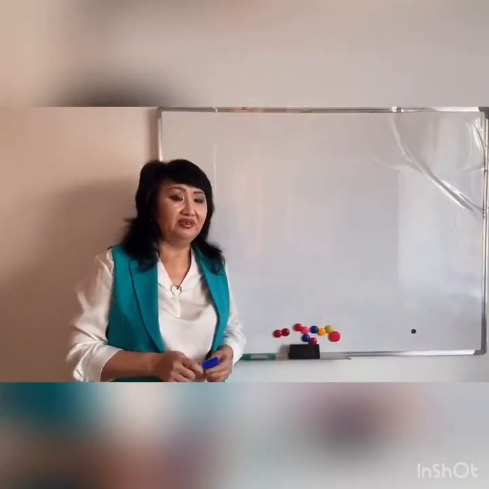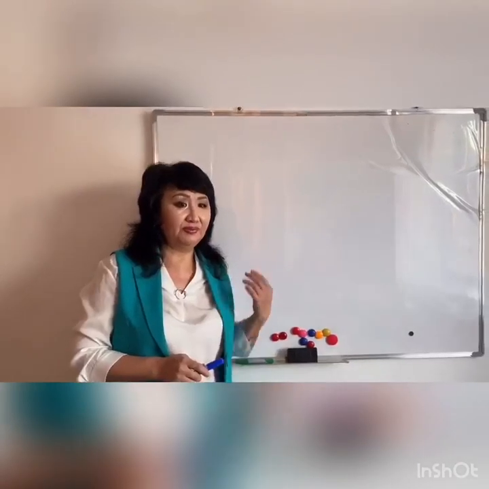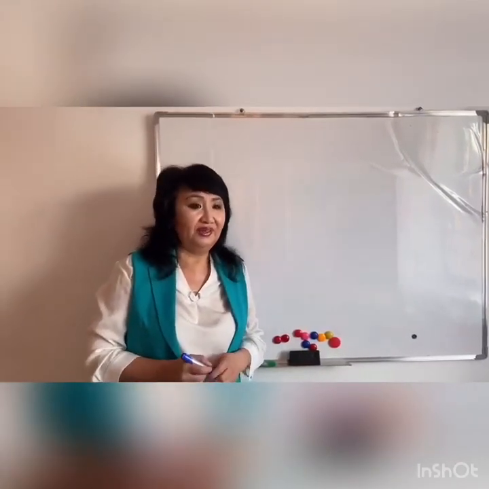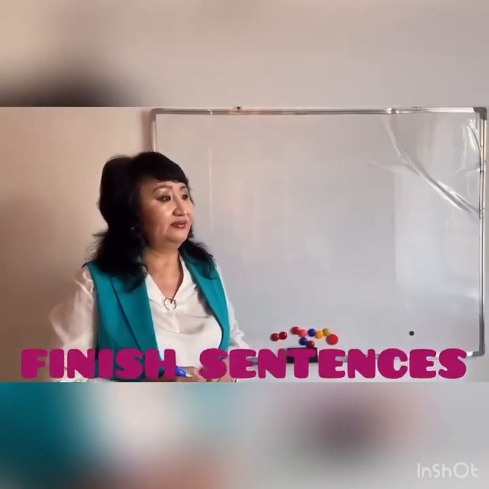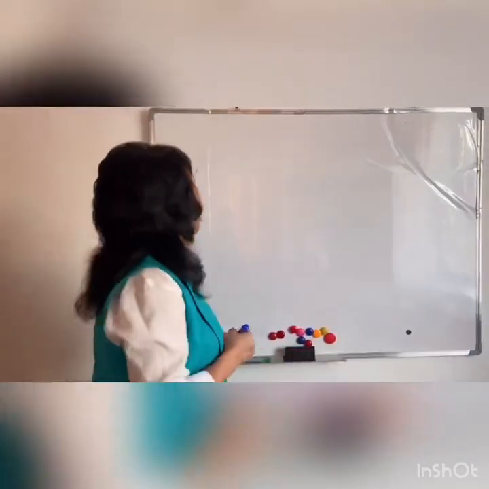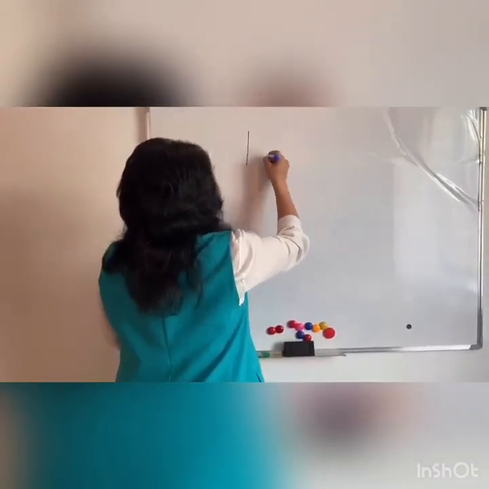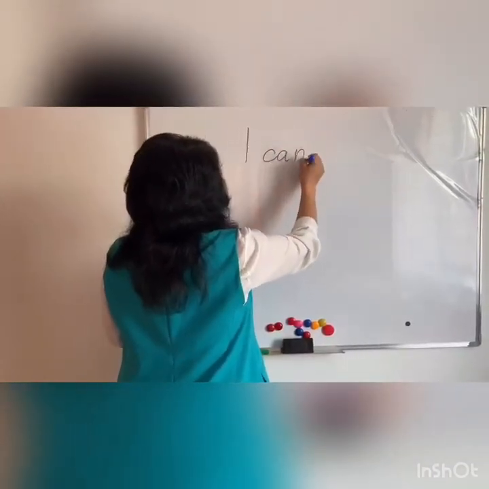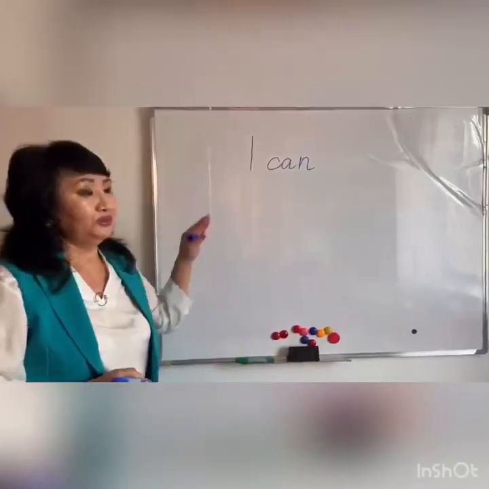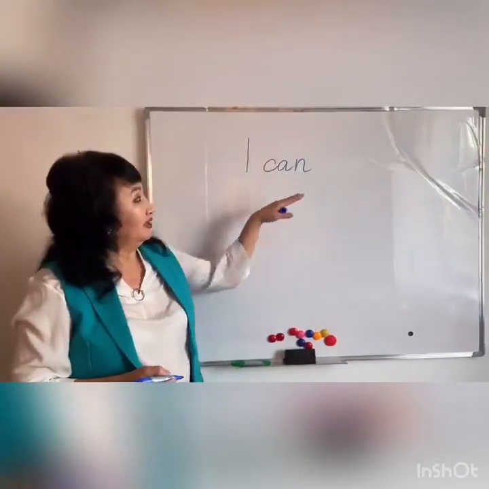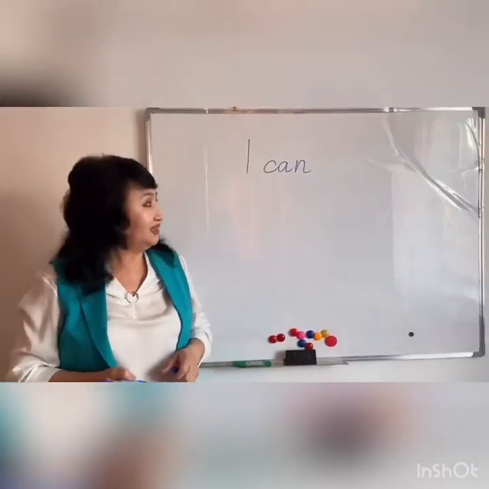The next activity that is very useful to remember the structure of the modal verb is called finish the sentence. For example, you write the beginning of the sentence, for example, "I can." You should get children thinking about finishing this sentence.